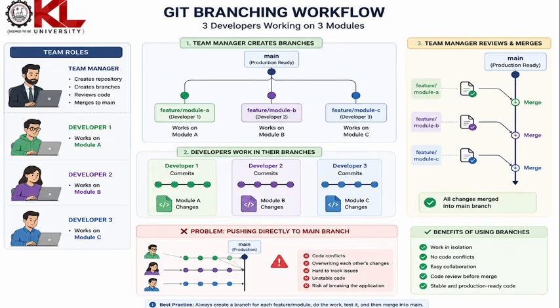It saves a lot of time and makes code review very easy, and at the same time the main branch is always production ready. Then we can directly deploy that main branch to the cloud server, and it will be available to the user.